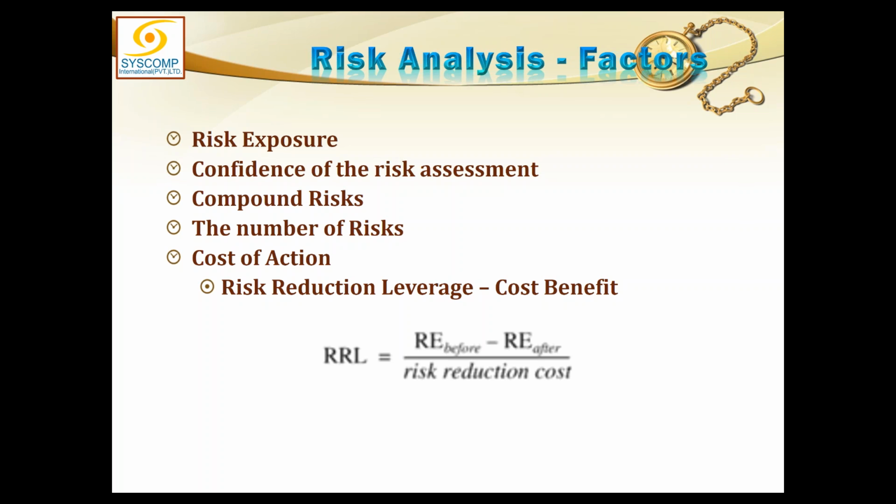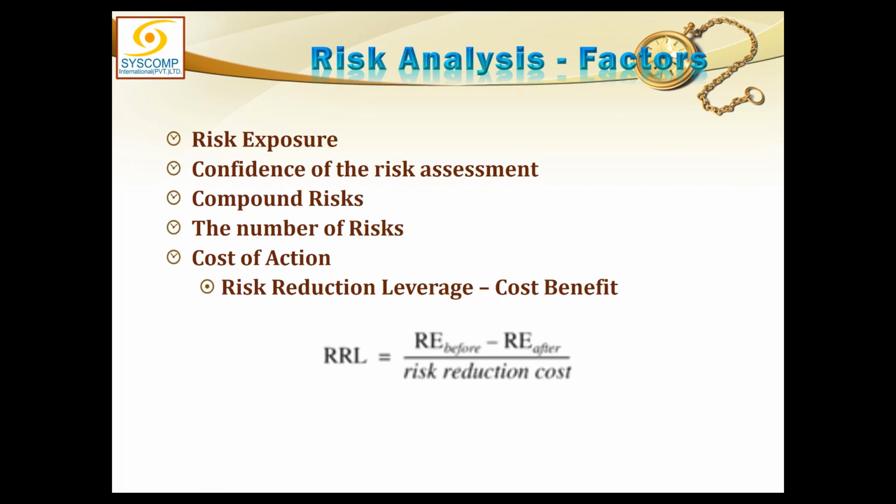If I divide 90,000 by 150,000, my answer will be less than 1, which means I am spending more than the benefit I am getting. Therefore, this is completely not feasible and we will not like to take this mitigation action.